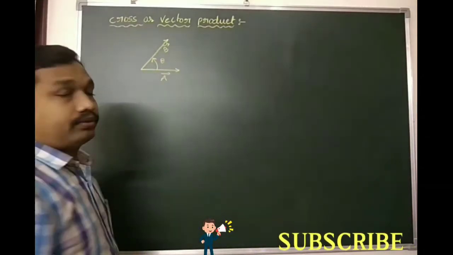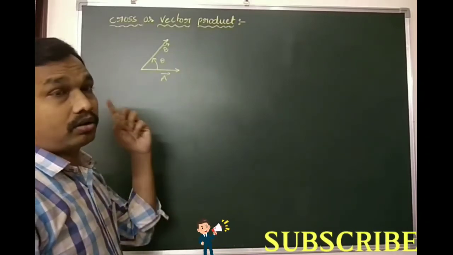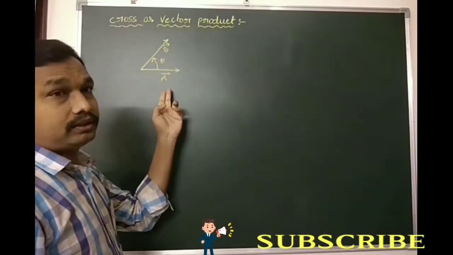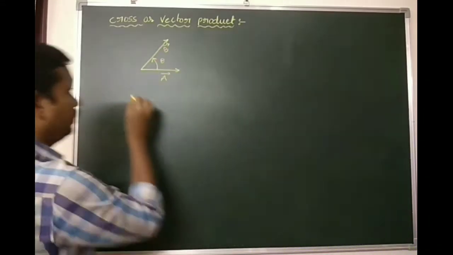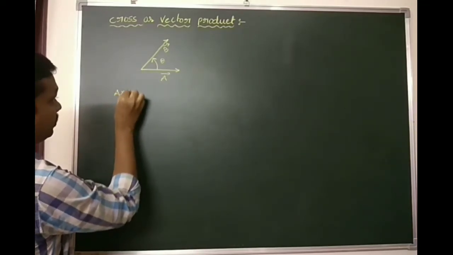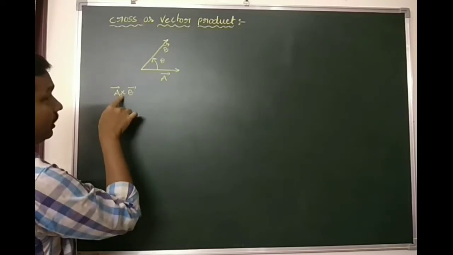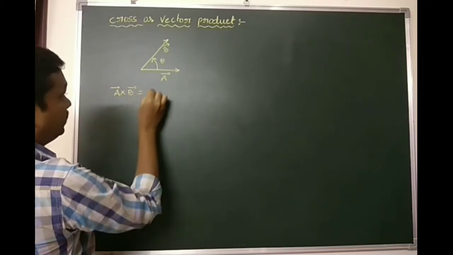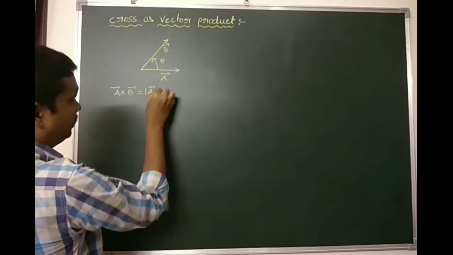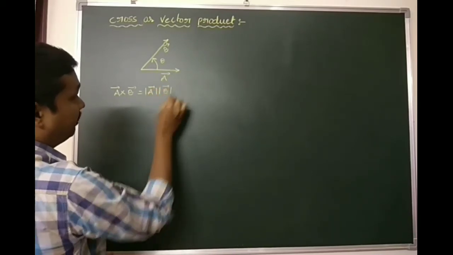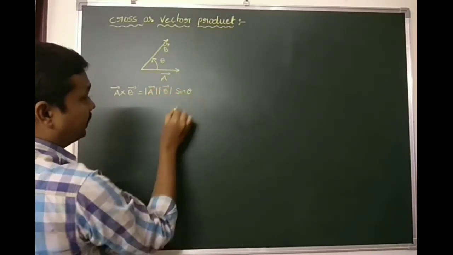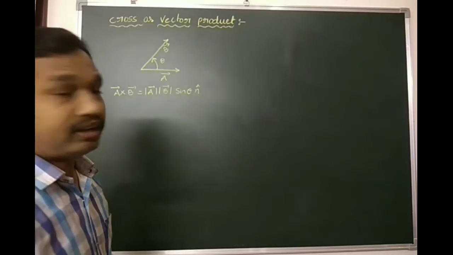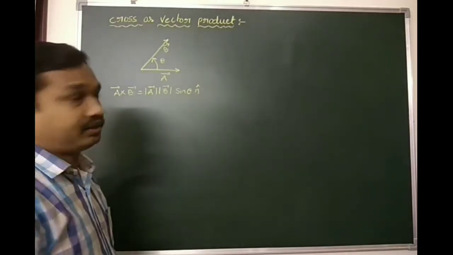The cross product of these two, according to the cross or vector product, is the product of the magnitudes of the two vectors and the sine of the angle between them. So A cross B, here we represent the cross product with the symbol ×, is equal to the product of magnitudes of A and B, sine theta, and n cap, where n cap represents the direction vector.